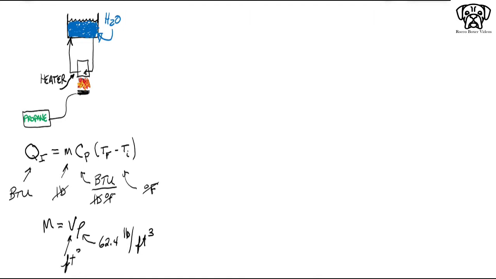If you have the capacity of your hot tub in gallons, then what you need to do is take the volume in gallons and divide it by 7.48 gallons per cubic foot, and then you'll have cubic feet.